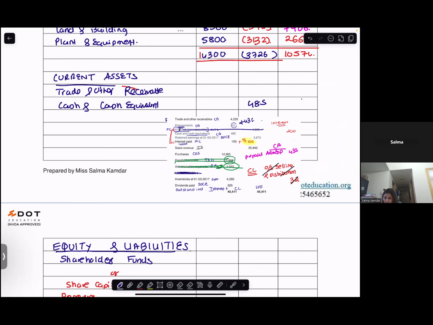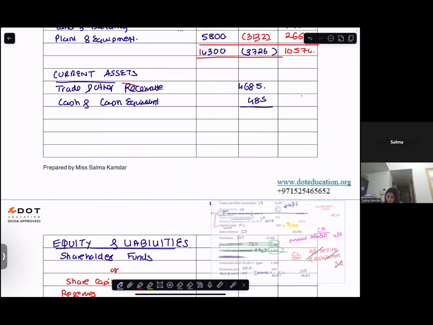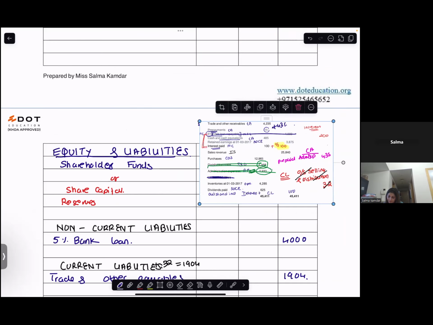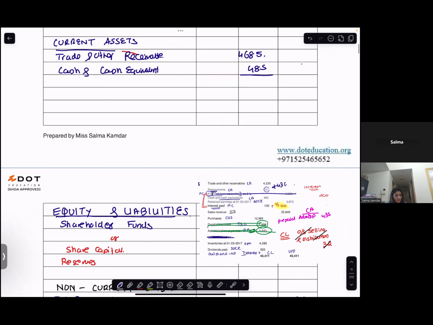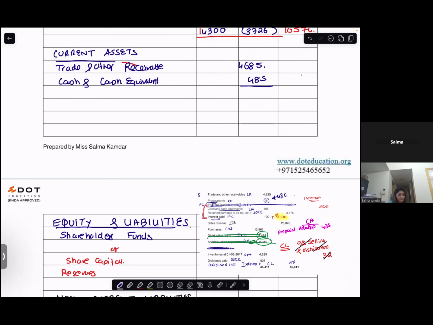And trade and other receivables is 4235 plus 15 plus 435. So 4685. The total current assets is how much? 5170.